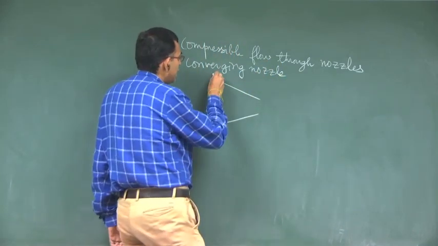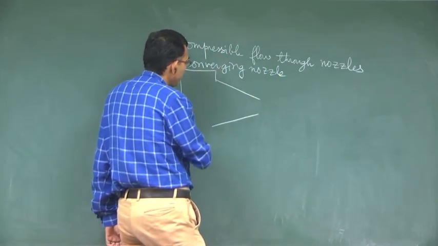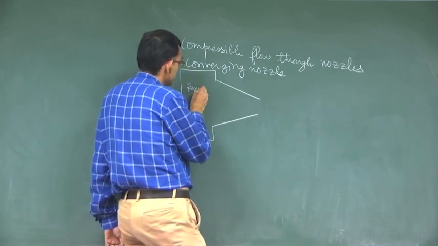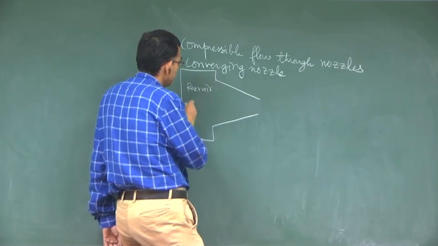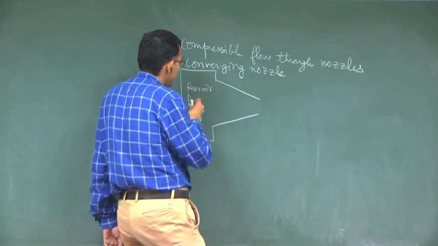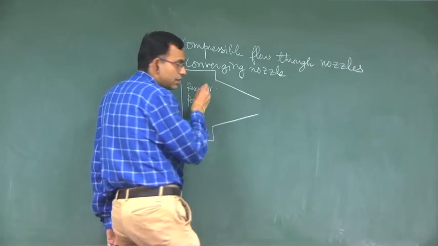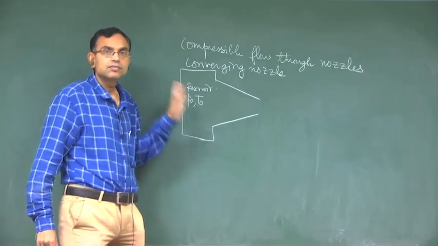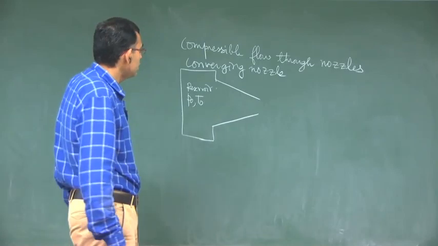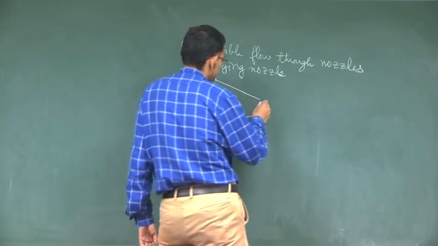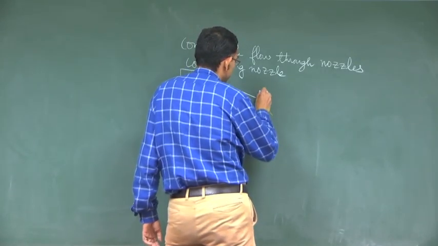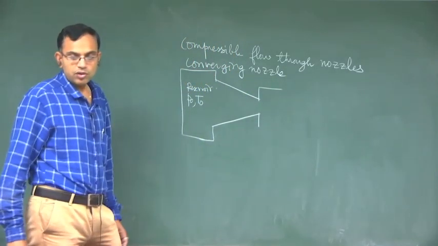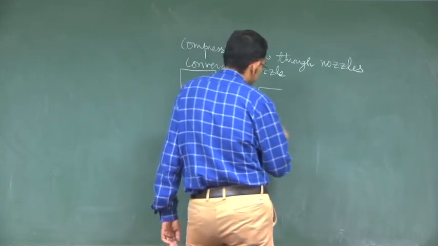So, let us say that there is a reservoir where there is a gas with pressure P0, temperature T0, these are all stagnation properties. And then there is a chamber which is called a plenum chamber.